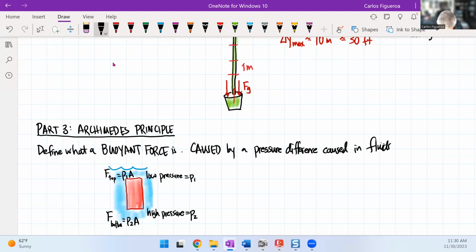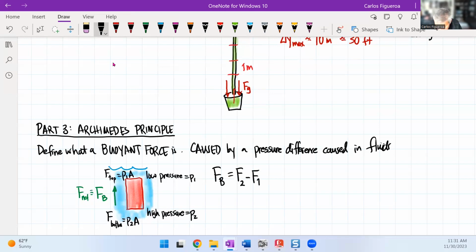And you'll see here that a free body diagram shows you're going to have a net force that goes up. And this net force is what they call the buoyant force. So the buoyant force is really the force from the bottom minus the force from the top.